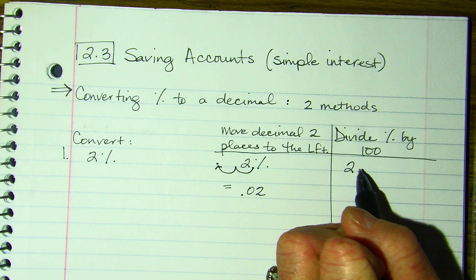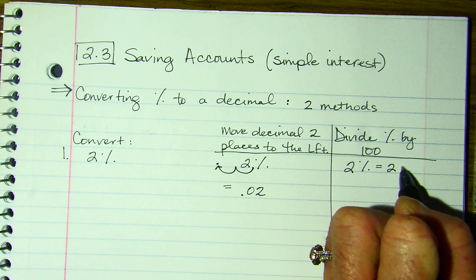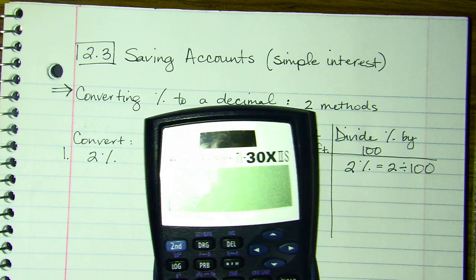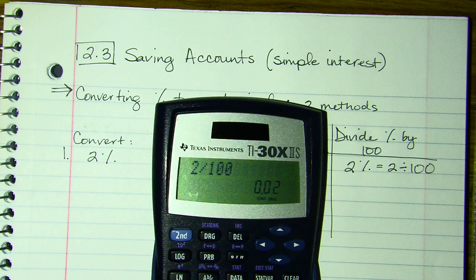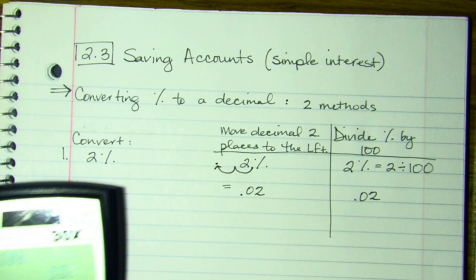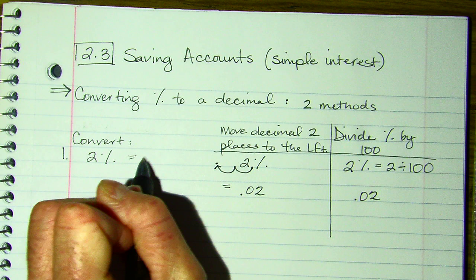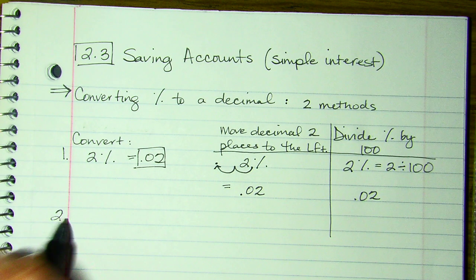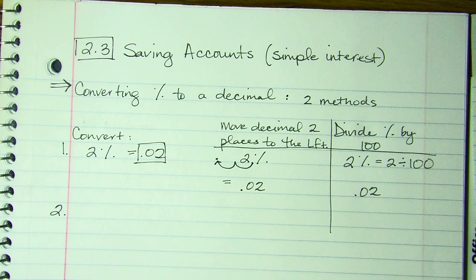I have 2%, and I'm going to enter 2 divided by 100 into my calculator. So if you take your calculator out, 2 divided by 100, and I get 0.02. Notice each method gives us the same answer of 0.02. So you pick which method you like best. Maybe you've already done one of these methods before, so you pick whichever works for you.